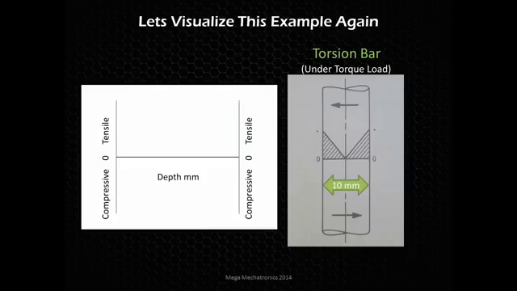So we have our compressive, 0 point, and tensile stress scales on the side. We have the depth. Now look at this depth. We have 10 millimeters here. And you can see on the vertical lines on each side, that's a 0 point, because those are the edges of the part.